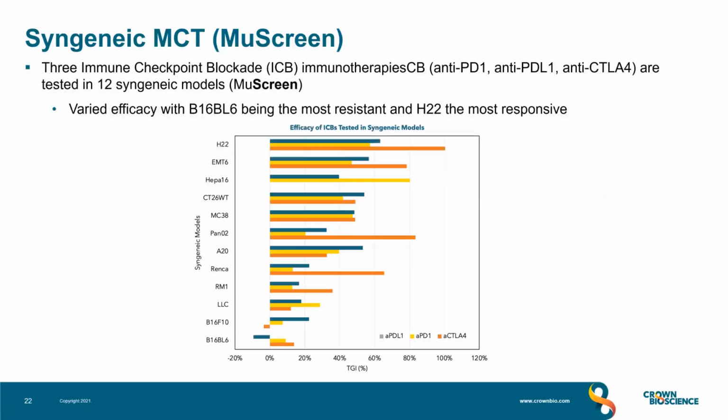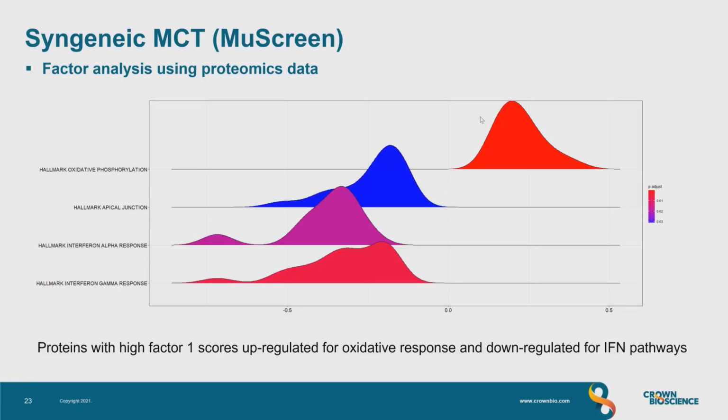Here is another example. We tested efficacy of anti-PD-1, anti-PD-L1, and anti-CTLA-4 in 12 syngeneic models in our mouse clinical trial studies. They responded differently. H22 is the most responsive one, and B16-BL6, which is the melanoma model, is the most resistant syngeneic model. We have proteomics data for all 12 syngeneic models.